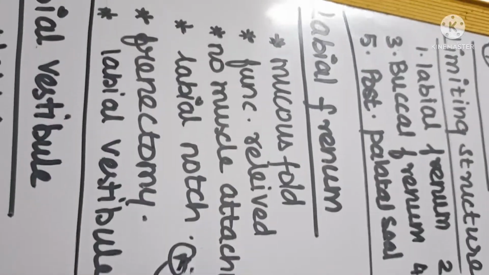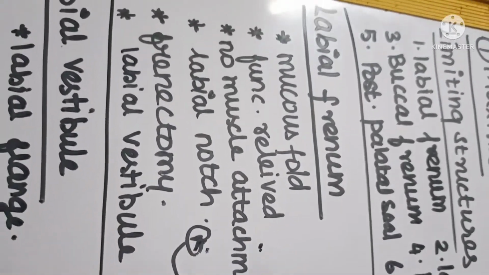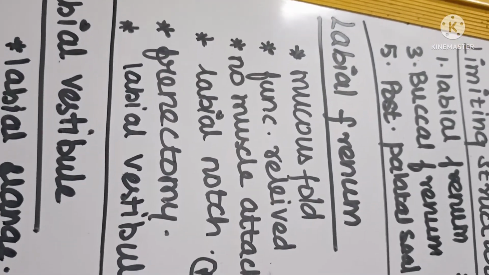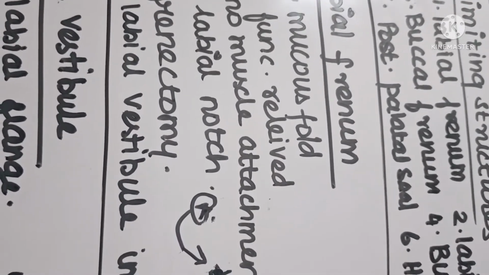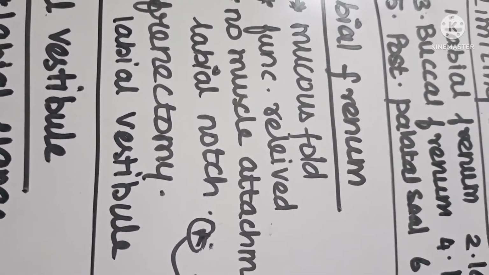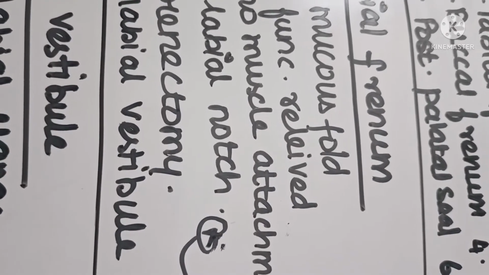This has to be functionally relieved in order to prevent any dislodgement. While we are making the denture, the part of this frenum in the denture would be like this.